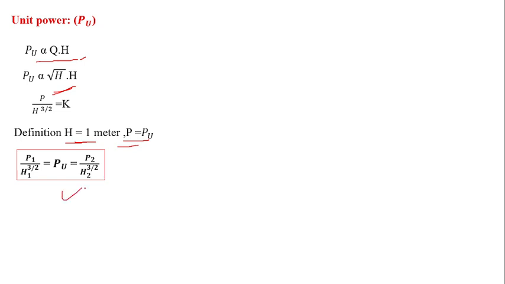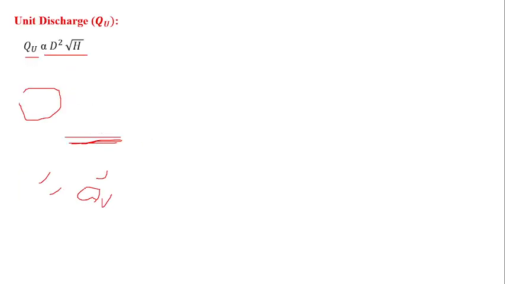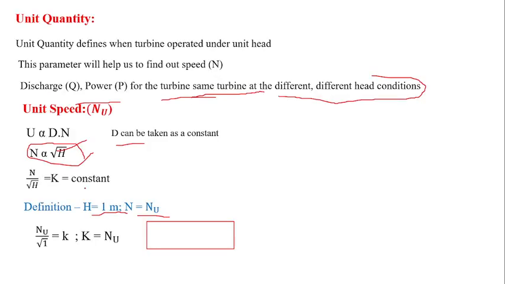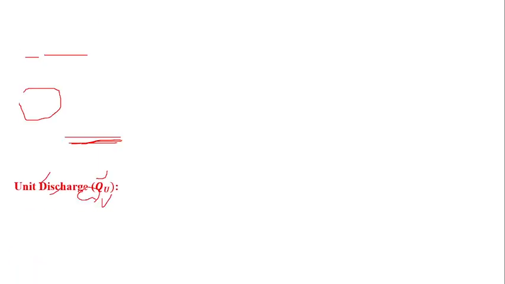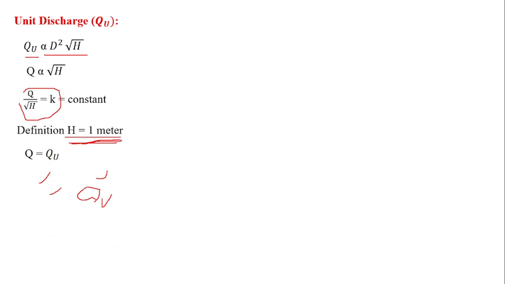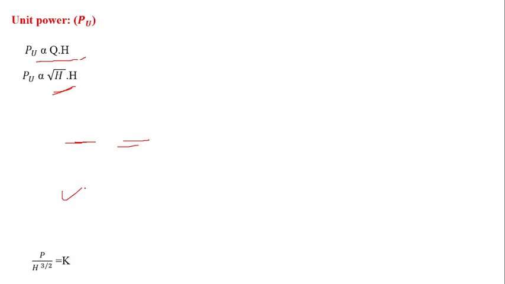So we get one formula for unit speed, NU equals N1 by root over H1, and one formula each for unit discharge and unit power.